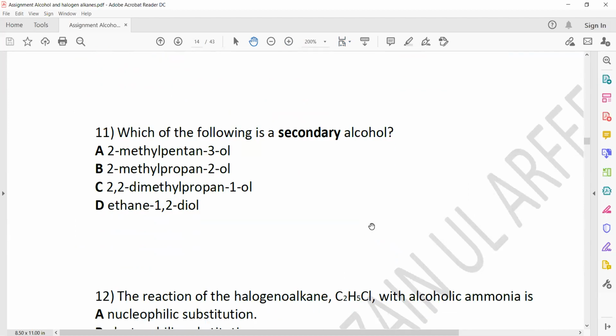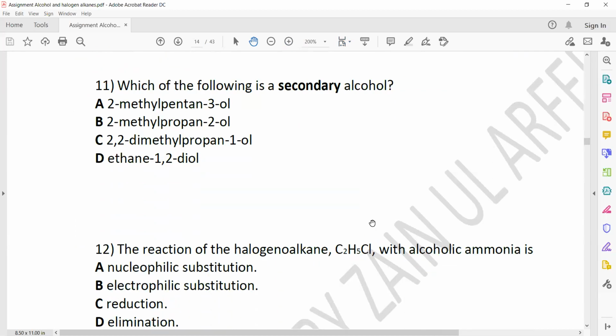Which of the following is a secondary alcohol? When you draw the structure of 2-methylpentan-3-ol, pent means 5 carbon.